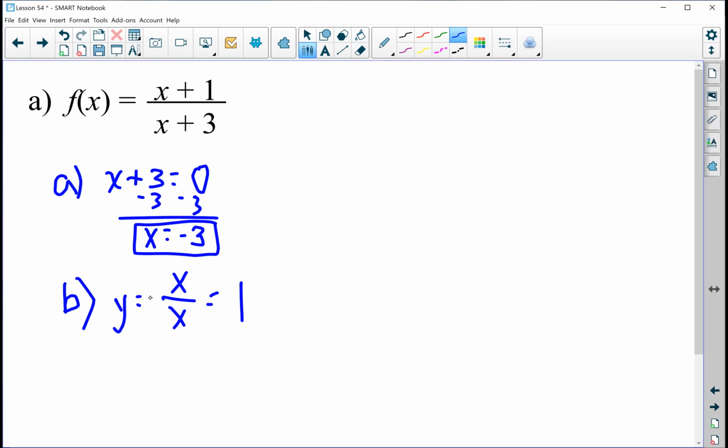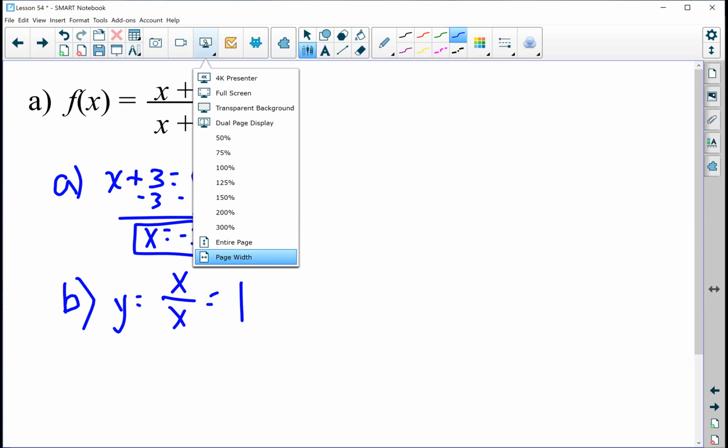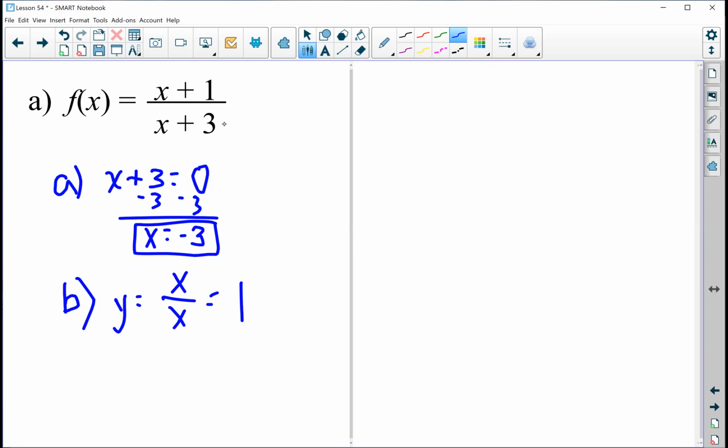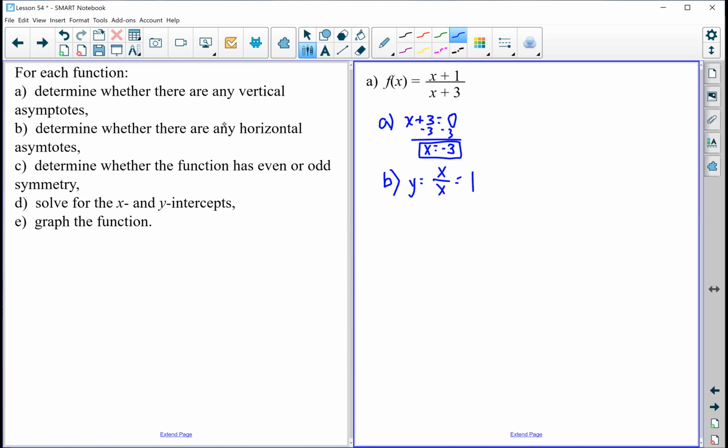I may not ever reach it, but I'm going to be so close, you're going to need like a microscope to see the difference between the value and 1. All right, then what else did we want? We wanted symmetry. Determine whether it has odd or even symmetry.